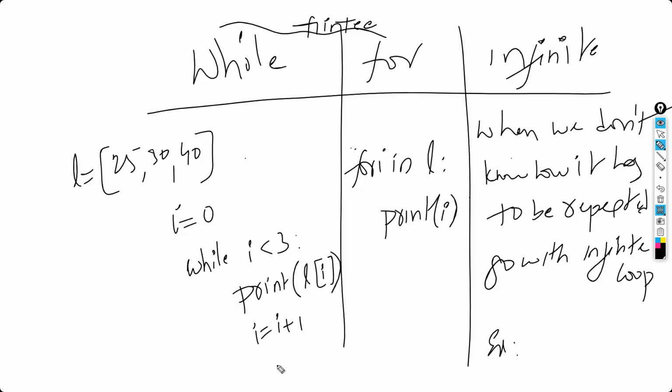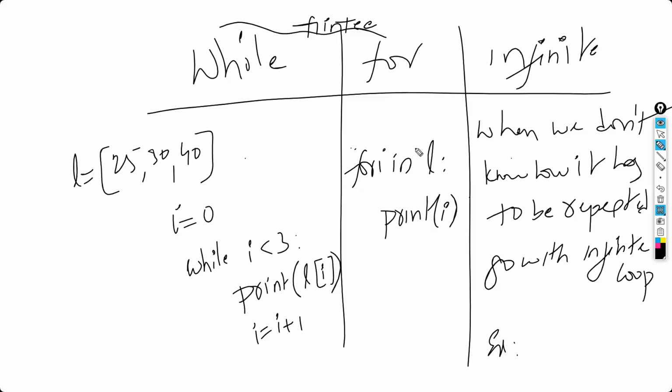In this case also you'll get the 25, 30, 40. Here you are extracting through indexing, using index numbers and selecting the value. In the for loop you are selecting the value directly. When you want to go through indexing, go with the while. If you want to go directly with the value, go with the for.